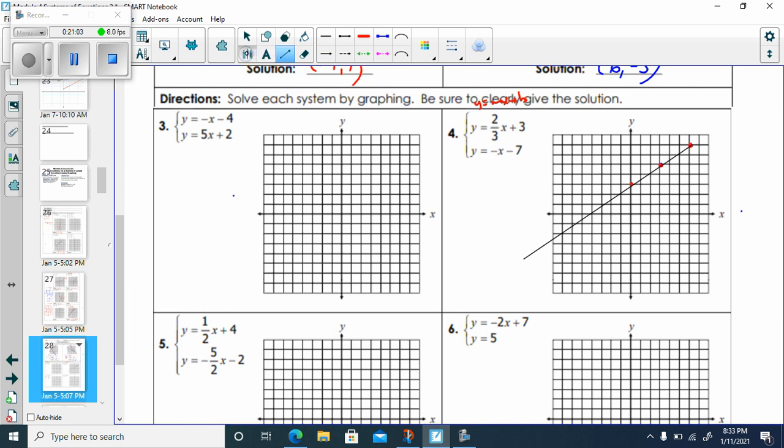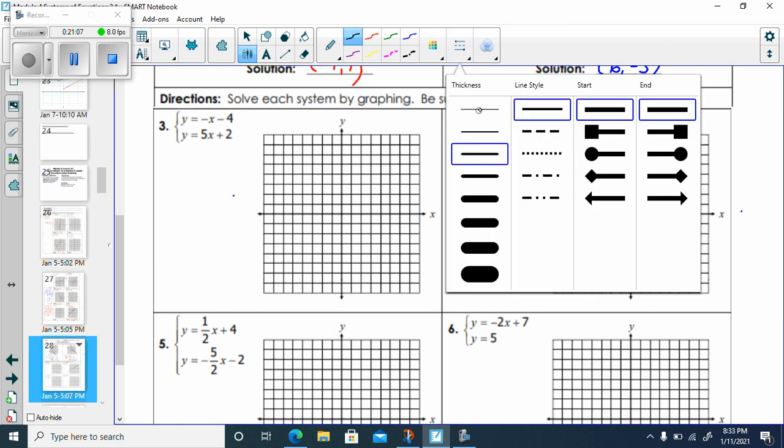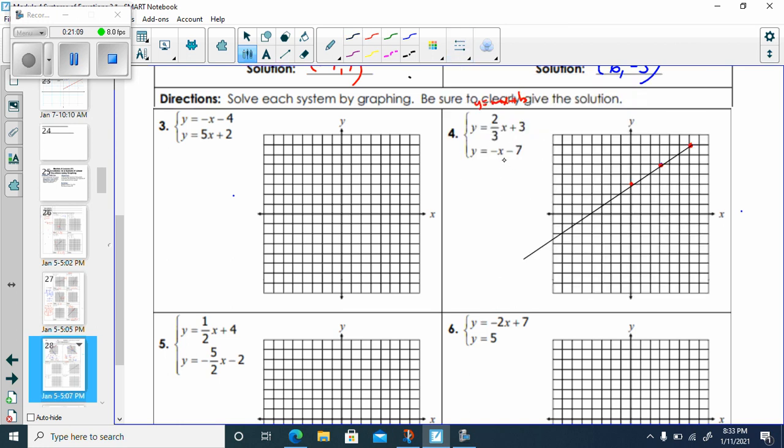And then this one. We start at -7 on the y-axis. Then we're going down 1 and over 1. And I can draw my line.